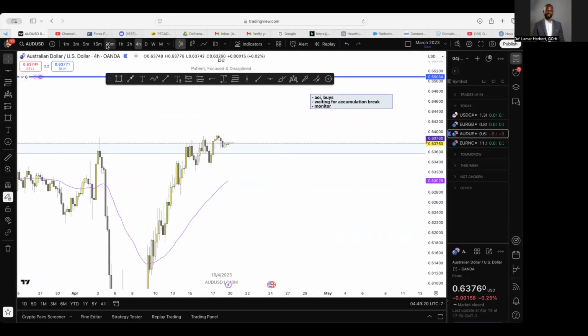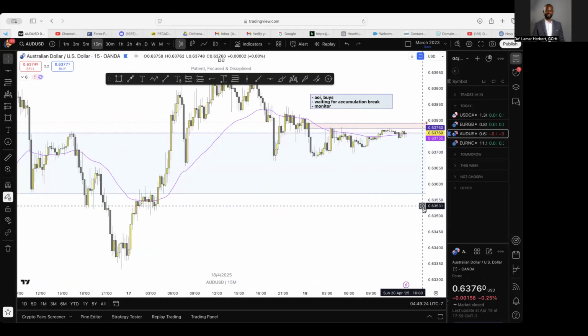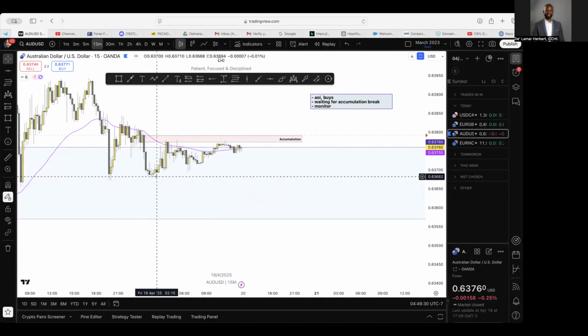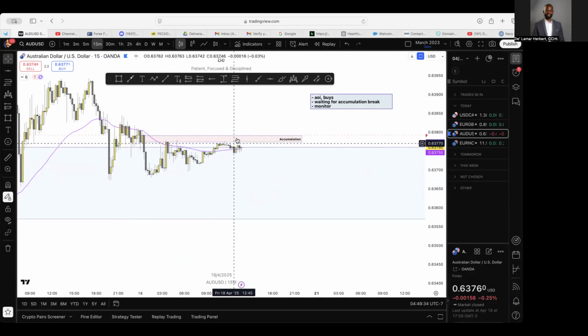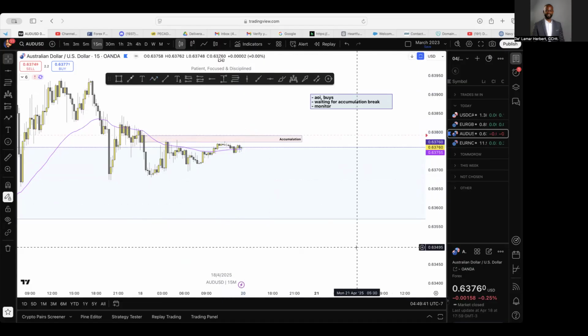Same thing here on the 4 hour. So we're all in alignment, ready and set. We have our accumulation. I put the accumulation here because we had to shift the structure here. So as soon as we have this shift, it's actually going to be a 15-minute shift, a break of structure. Then we have a pullback. Then we can take our buys from there.